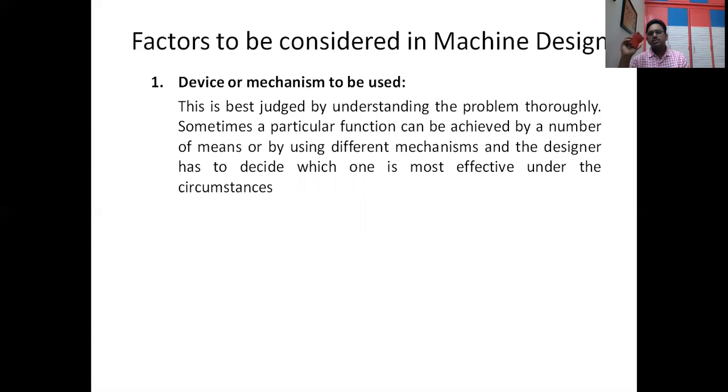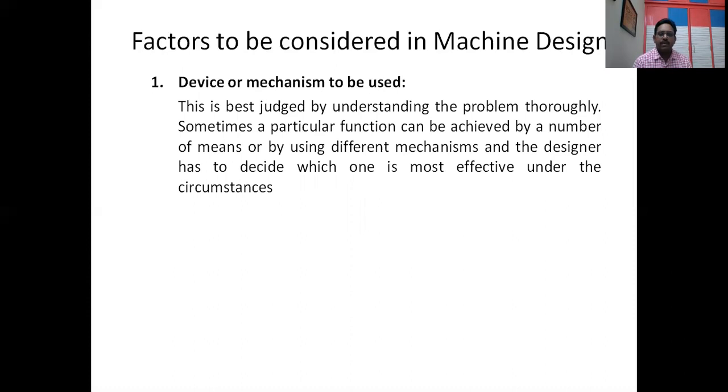So which one do we have to adopt? That is basically decided by understanding the problem. Based on the component that we produce and the problem that we have, we have to choose a device or a machine or a mechanism to be used when we fabricate.